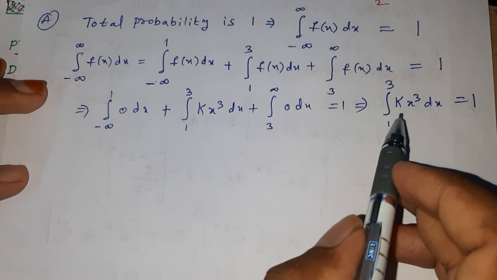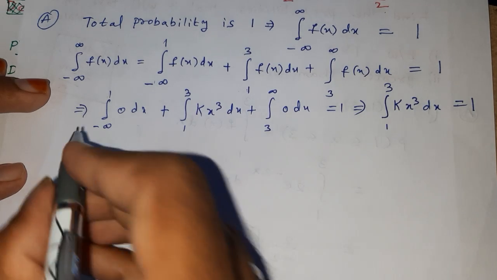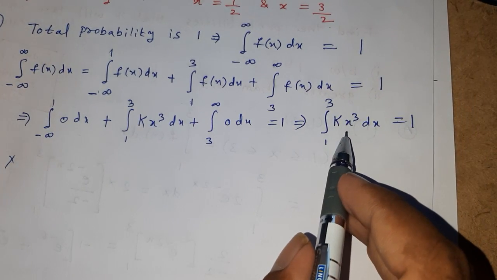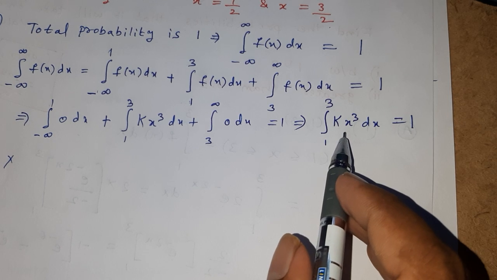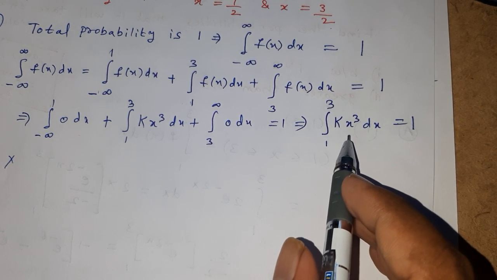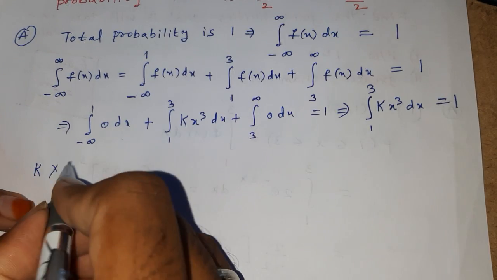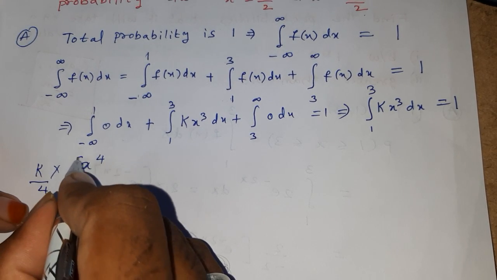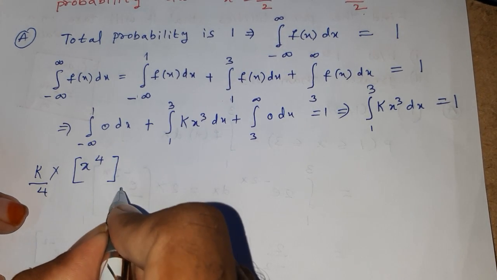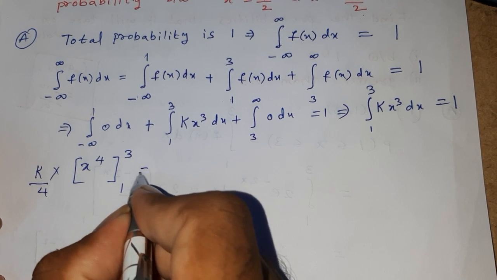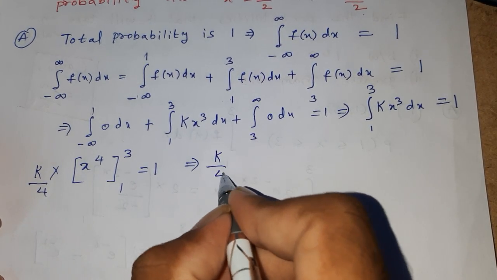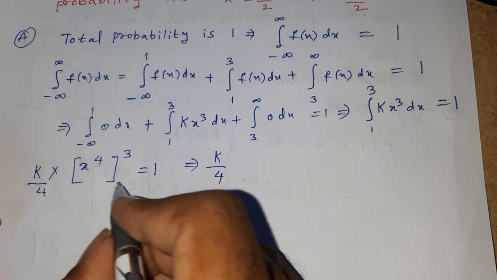Now let us find out the value of k. Capital K is constant. Here the integral of x cube is x power of 4 by 4, with limits 1 to 3, times k, is equal to 1. Apply the upper limit and lower limit.